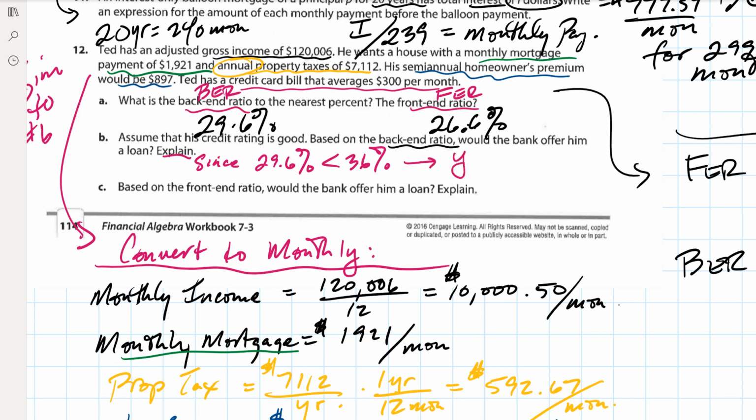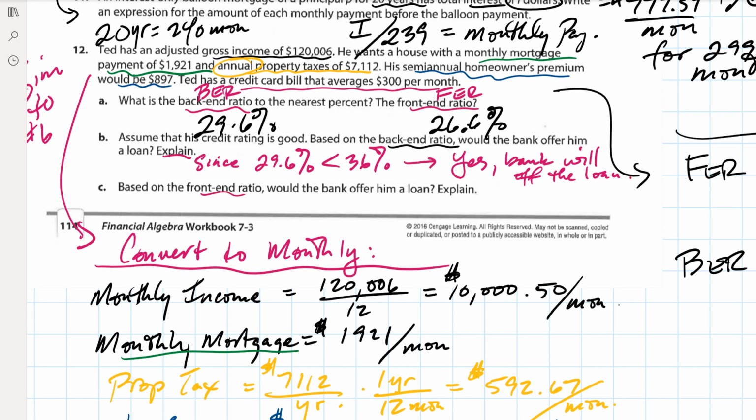So this tells me yes, the bank will offer the loan based upon this. But you've got to satisfy the other one too, right?